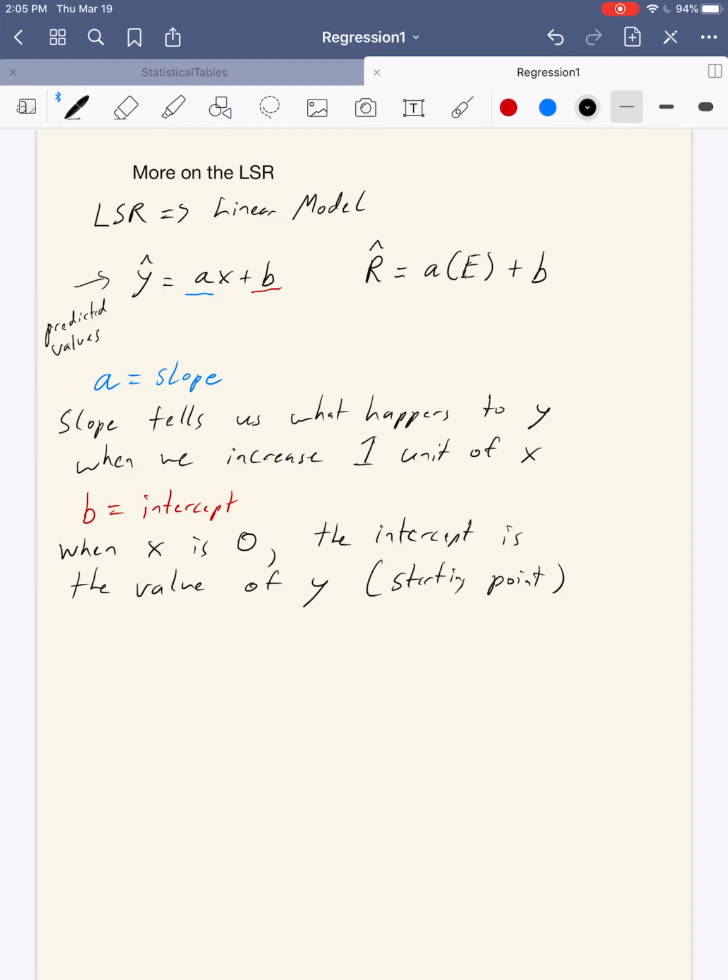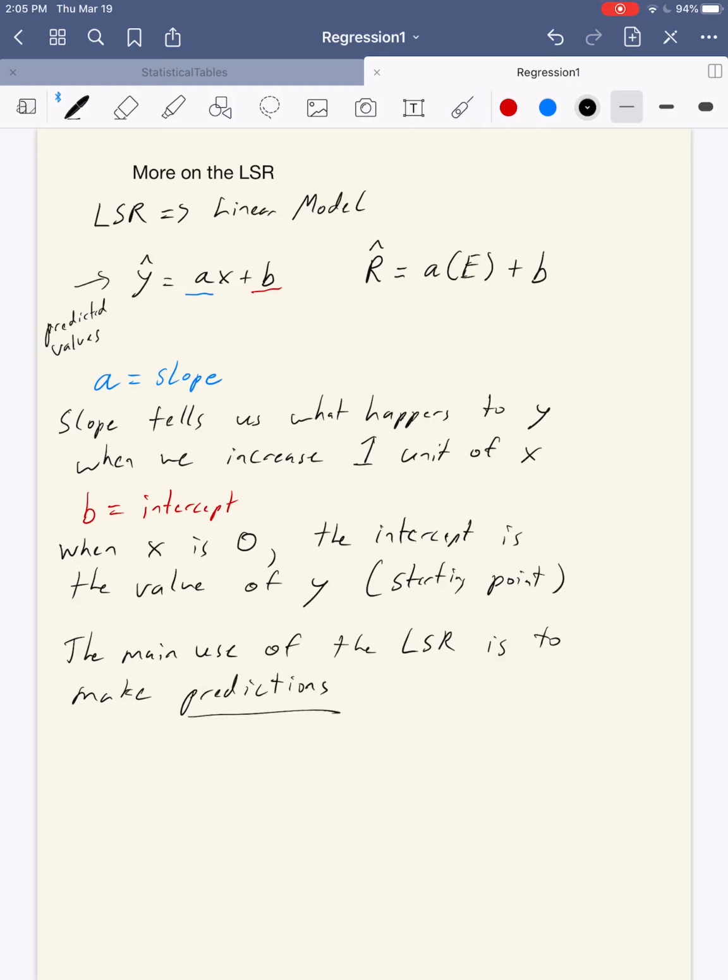All right, the last note that we want to make here, and we already indicated it with the hat notation on the y, is that the main use of the LSR is to make predictions.